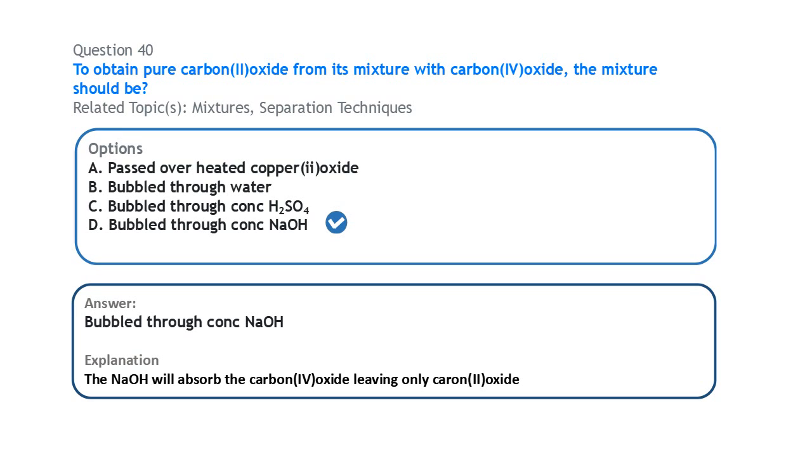So to separate this mixture, we are going to bubble that mixture through concentrated sodium hydroxide solution, from which the carbon(IV) oxide or carbon dioxide would be absorbed, leaving the carbon monoxide.